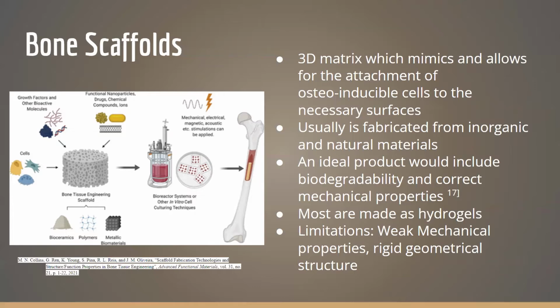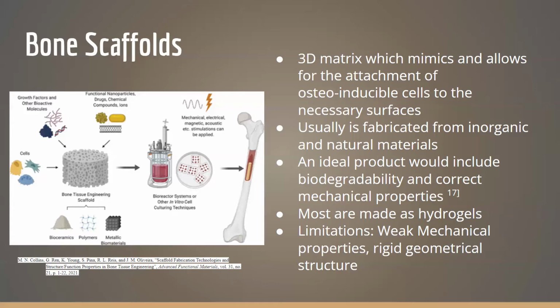For the scaffold itself, the structural aspect is crucial, as there should be interconnected pores and a higher porosity. With the scaffold's limitation of such a rigid geometrical formation, the pore size should be big enough to allow the cells to move and migrate properly and allow for the binding of the cells to the scaffold. However, there is no even distribution of the cells as they are added post-treatment of the scaffold being placed in.